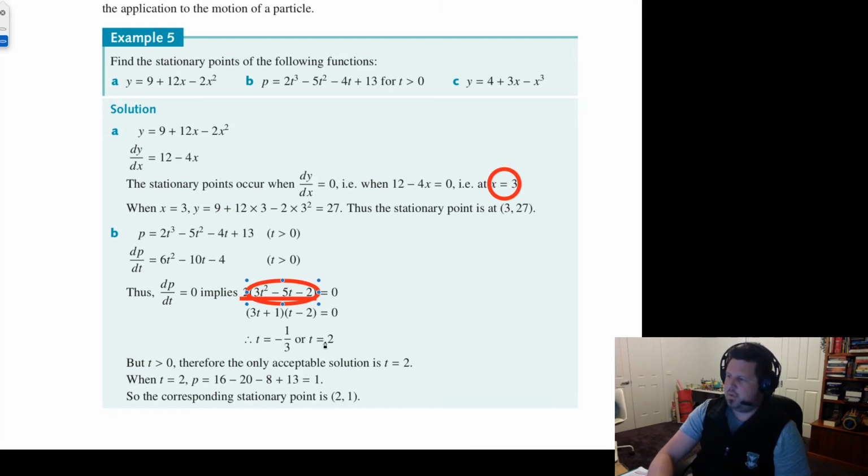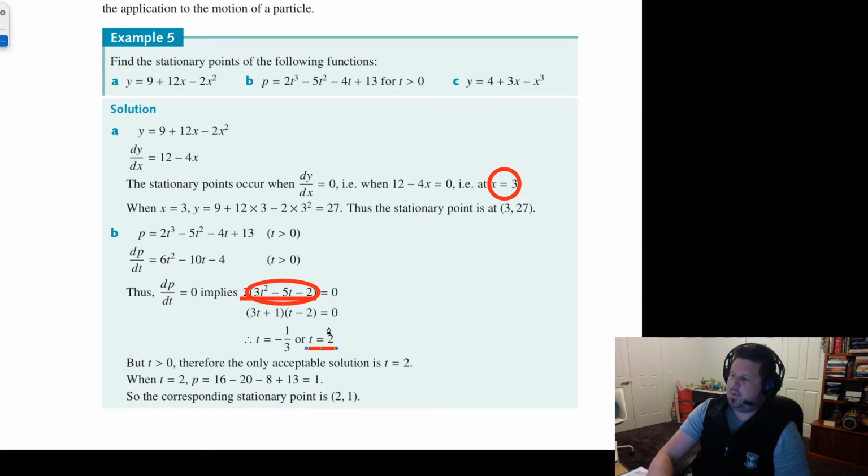So here are the two locations where a stationary point exists. However, remember there was the restriction: they were looking for just values of t that were greater than 0. So this one here you can disregard because it's a negative value, less than 0. The one we're after that's greater than 0 is t equals 2.